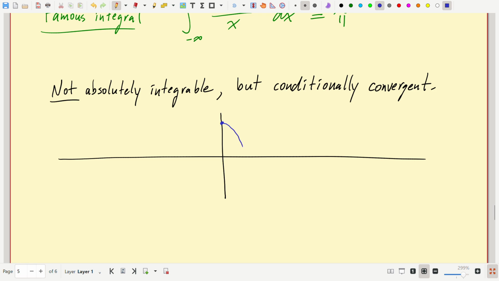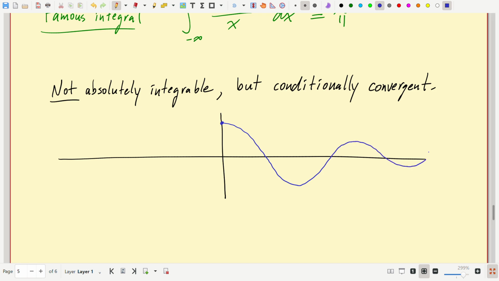This is pi, and then it goes smaller, smaller.